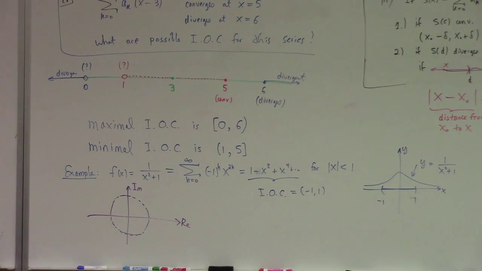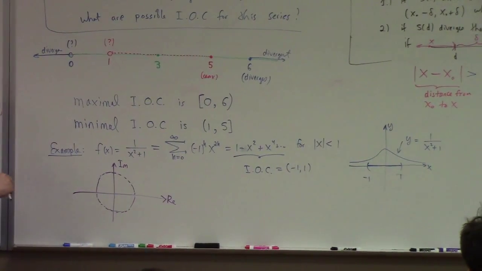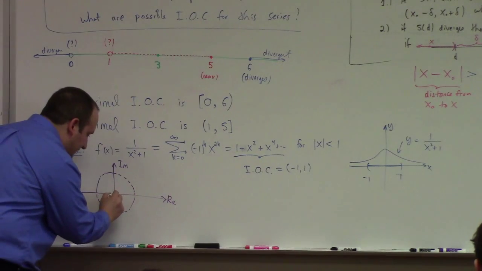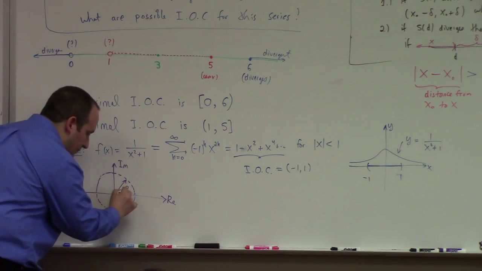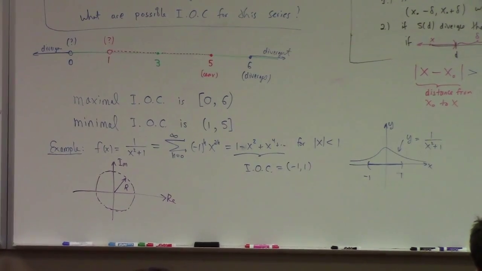But now it makes sense why you can't go past modulus 1, because that's where you run into the poles, the singularities of the 1 over x squared plus 1 function. And the radius of convergence is an honest-to-goodness radius, because you have disks of convergence in the complex domain.